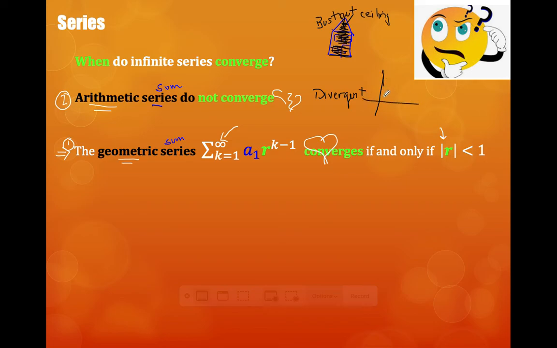If you just think about the linear relationship of the terms, I don't care whether those terms are positive, the sum of the first term plus the second term plus the third term plus the fourth term is all going to keep going and going and going. The limit goes to infinity. You're going to bust out the ceiling.